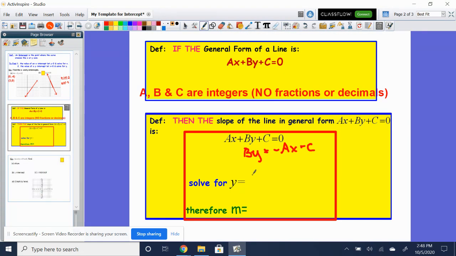Then we would divide both sides by b. So we have negative a over b times x minus c over b. That means since it's now in slope-intercept form, our slope is negative a over b. You can choose to memorize this, but I don't know about you.